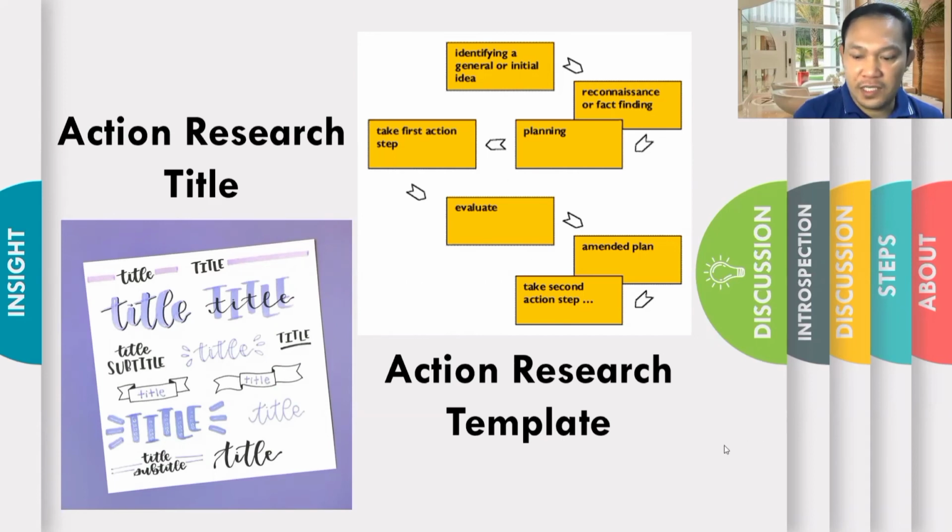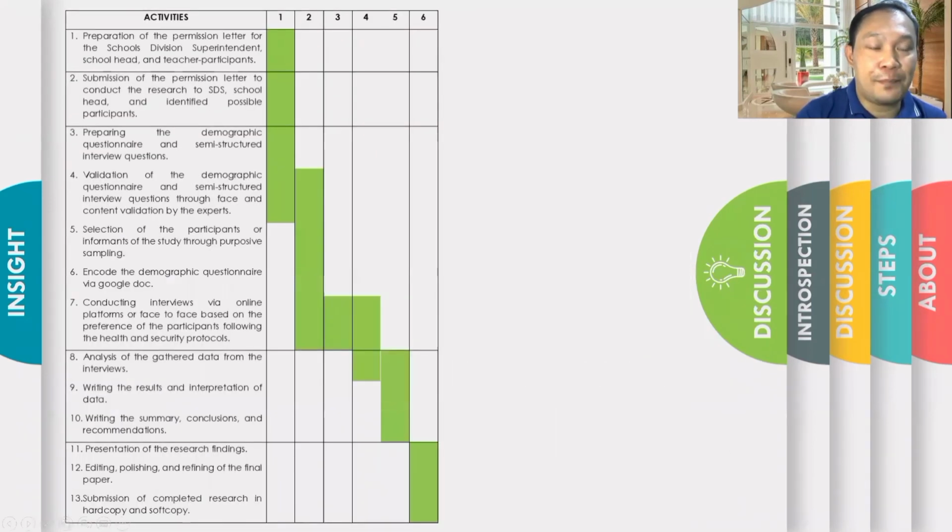Here now is the sample copy of the timeline, the Gantt chart. Now in this case, as you can see, I provided here an example of a timeline or a Gantt chart on the different activities in the implementation of your research paper. You have to write the different activities in column 1, and then as you observe, there are 1, 2, 3, 4, 5.